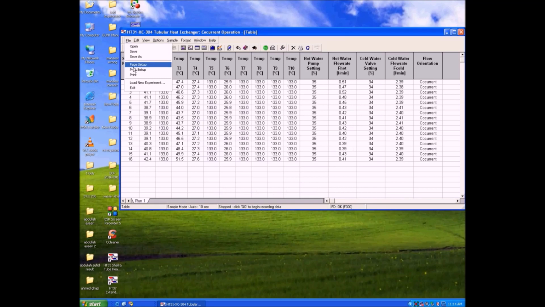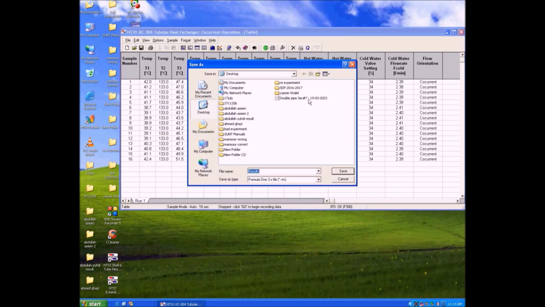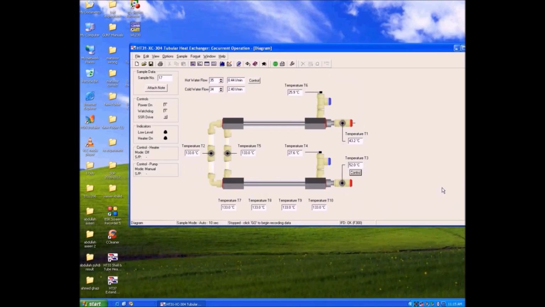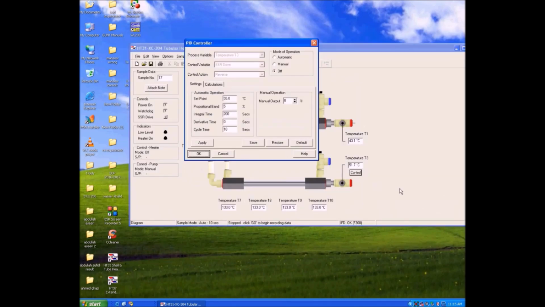So click on File, Save As, and save this file as double pipe co-current section on the desktop. Okay. So we have these 2 files, and now we can turn off the machine. The heater is off.